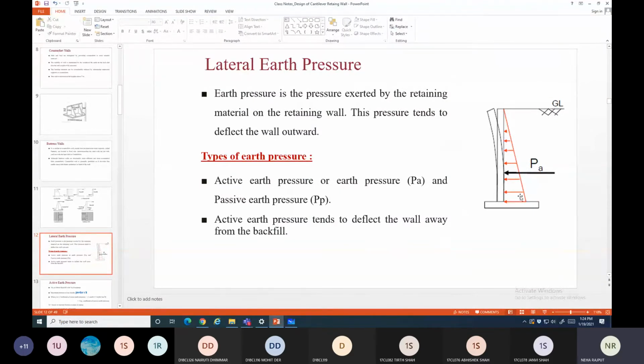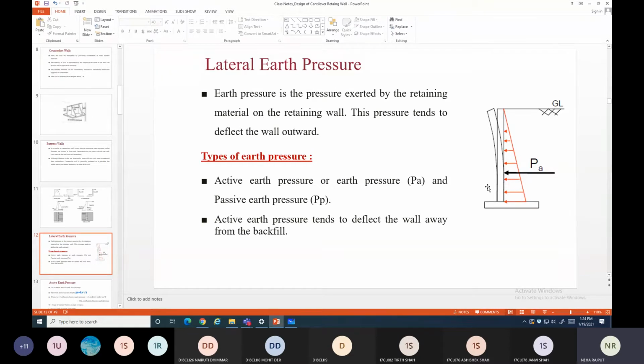This red triangle is my active earth pressure diagram for the stem height, and this is the deflection of the stem portion. This Pa is nothing but the active pressure, which acts at h/3 distance from the base of the stem. So this is called the lateral earth pressure for the stem itself.